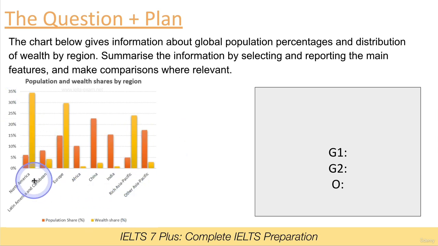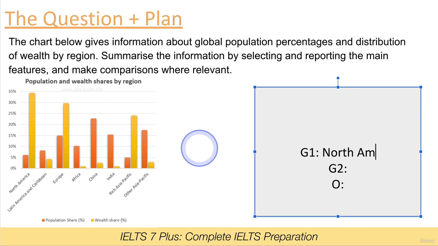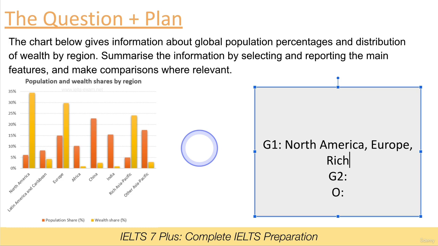So 3 areas jump out to me for the highest wealth share. We've got North America, Europe, and rich Asia Pacific. So I might talk about those in my first grouping.